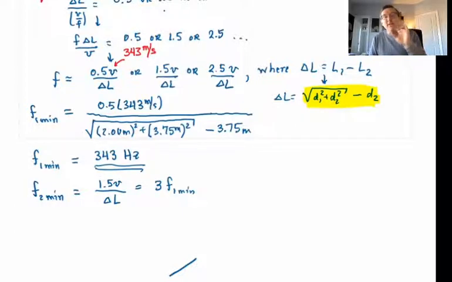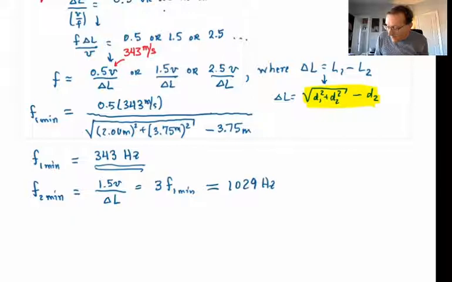F1 min was 0.5 V over delta L. 1.5 V over delta L is 3 times 0.5 V over delta L. So to get the next frequency for fully destructive interference, F2 min, just take F1 min and multiply it by 3. That would happen at 1029 hertz. That's the next frequency after the first one, where again your listener at point P will say, whoop, the volume just dropped.